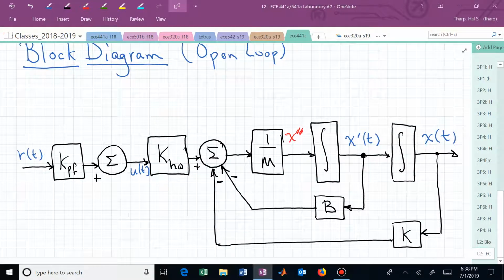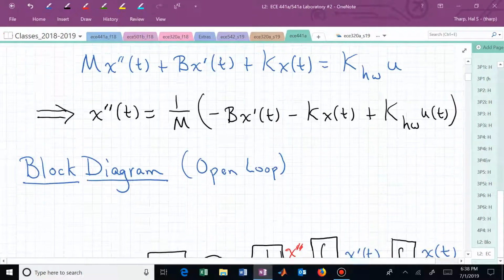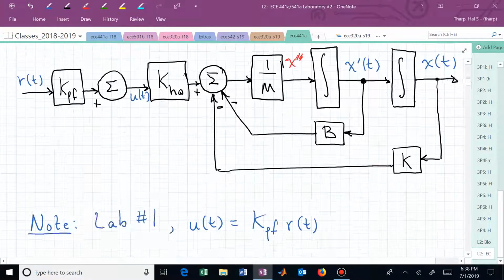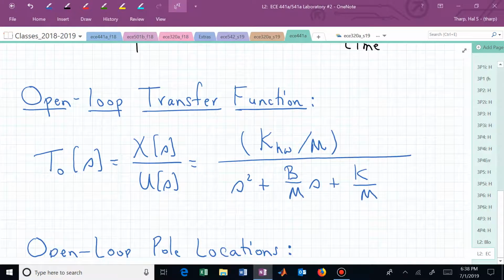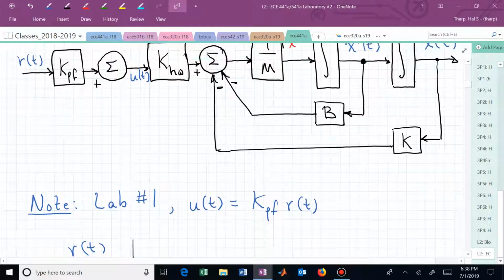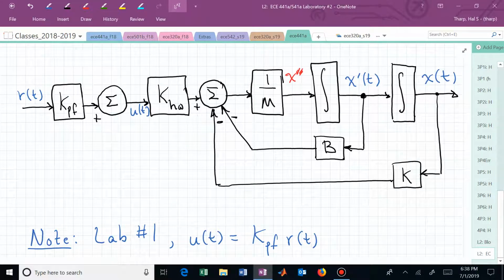We could now use Mason's gain to find the transfer function between the input R and the output X, or we could go back to the time domain differential equation and Laplace transform that. With that analysis we should be able to find the transfer function between the input u and x. Right now we're not concerned with k sub pf and r.